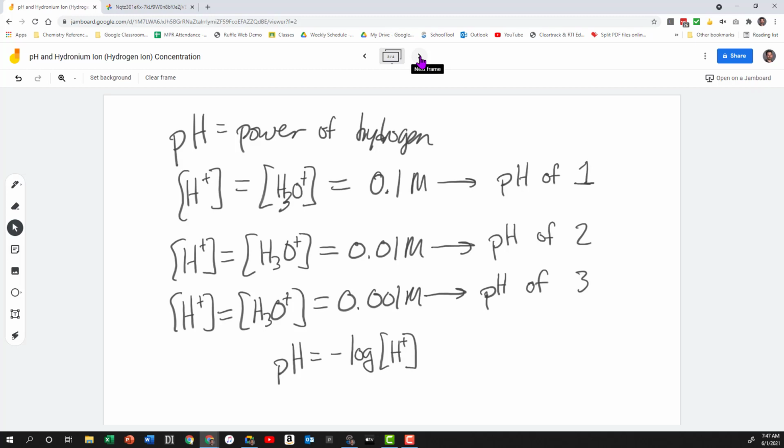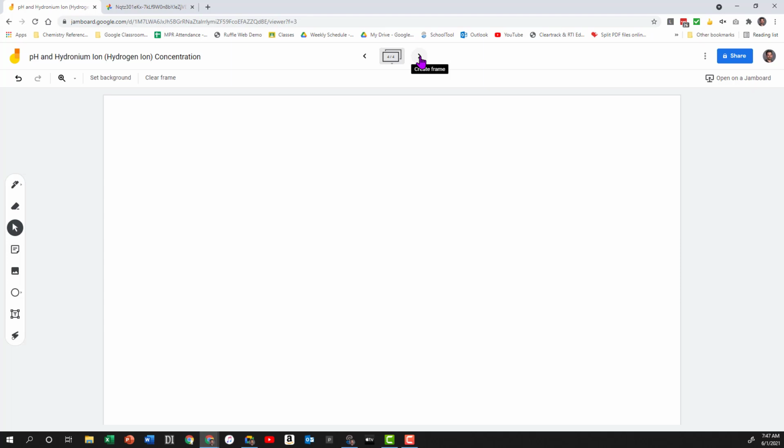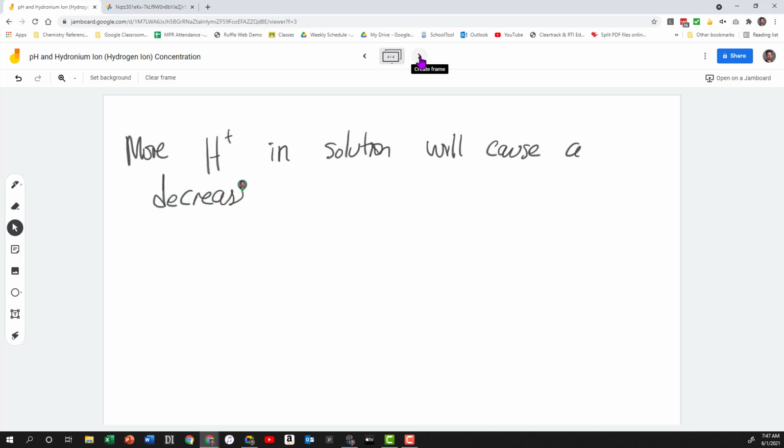Now, we haven't talked this year about something called equilibrium. But it turns out if you put more H plus ions in water, more H plus ions in solution will cause a decrease in any OH minus ion concentration.